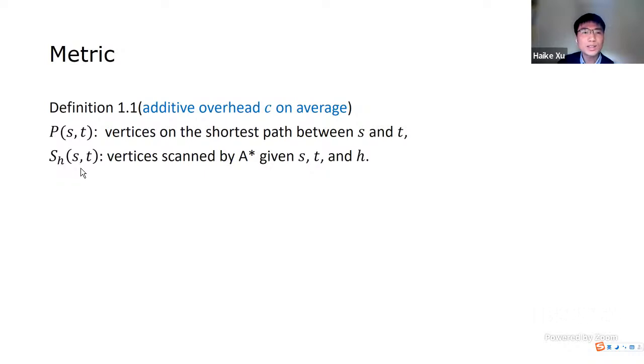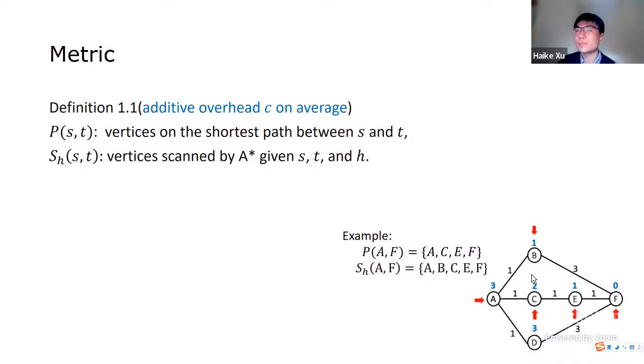And capital S_h(S,T) is the vertices scanned by A*, given the starting point, the ending point, and the heuristic function h. This is the toy example on the last page. In this graph, P(A,F) equals A, C, E, F, which is the shortest path from A to F. And the second set has an additional vertex B, because B is scanned by A*, but not on the shortest path.